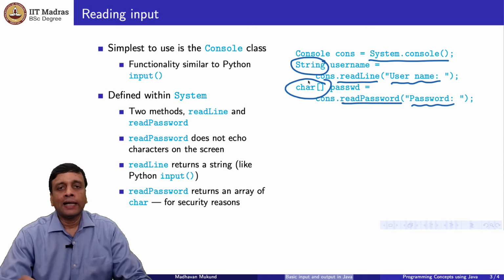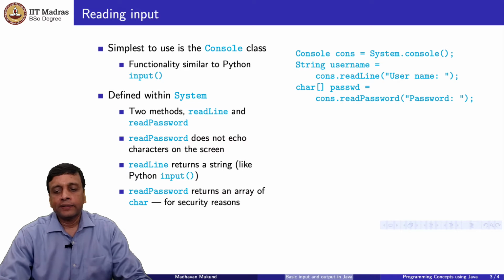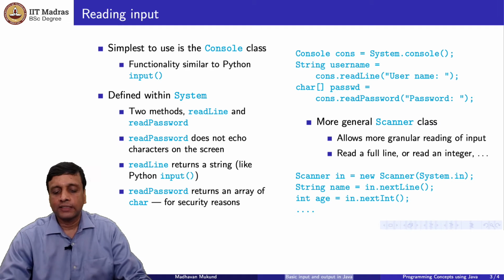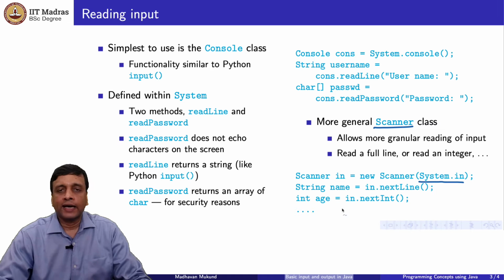So this reads one line at a time, and we know from Python that then you have to take that string, split it, convert it into int and all that, which is a little bit of a nuisance. So Java does have a more flexible way of doing this using something called a Scanner, right? A Scanner can be created by, so remember we had System.out, so you can associate with a Scanner correspondingly System.in.